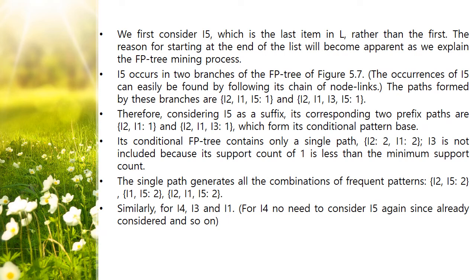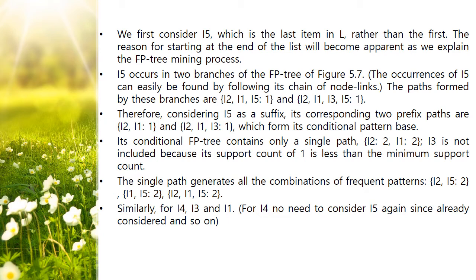The same procedure is explained in this particular slide. We first consider I5, which is the last item in L rather than the first. The reason for starting at the end of the list will become apparent as we explain the FP tree mining process. I5 occurs in two branches of the FP tree of Figure 5.7.